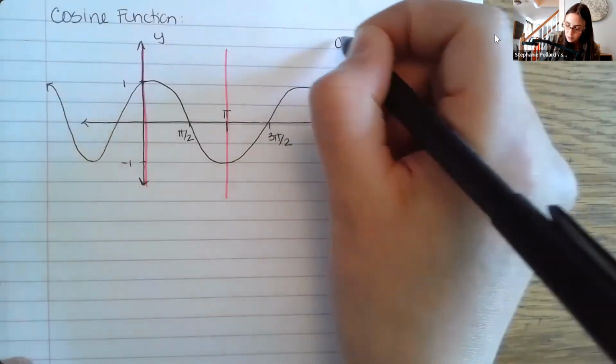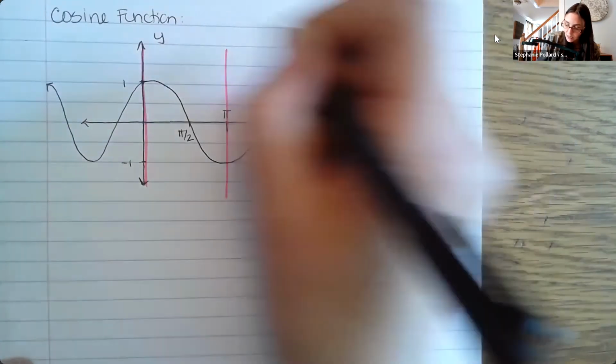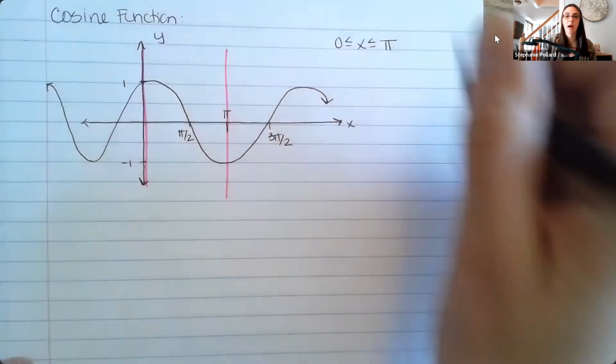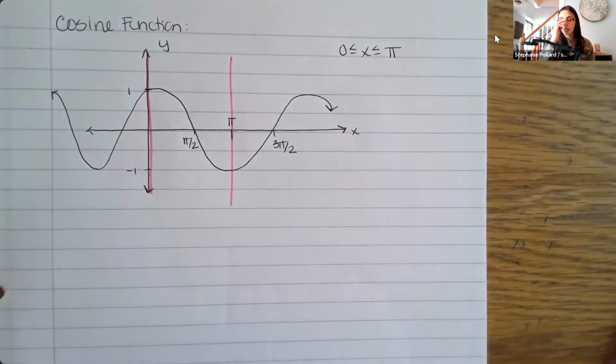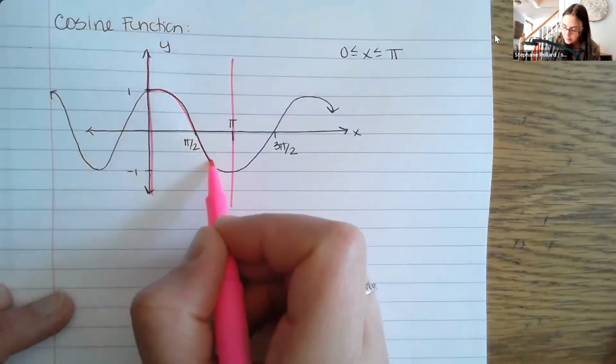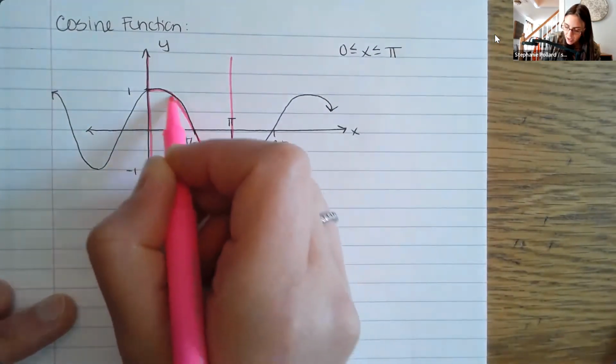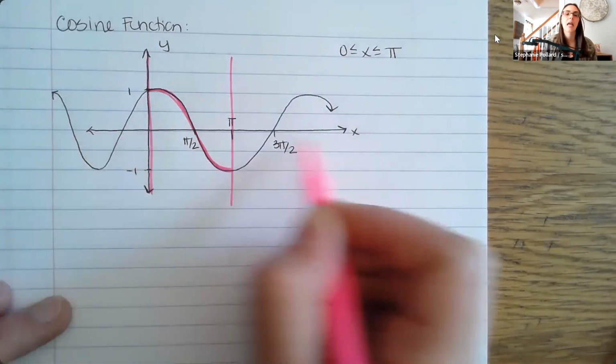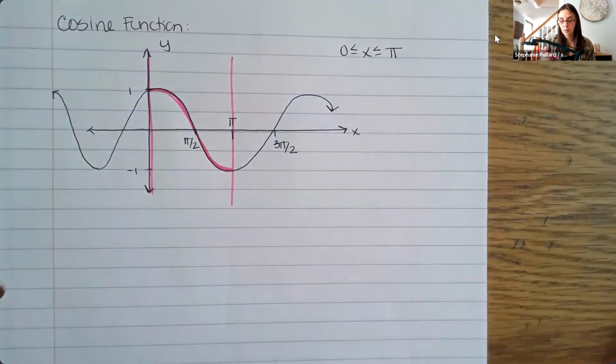So you're looking only at your x values between 0 and pi, a little bit different than the restriction we did for sine. And on this area, you're just focusing on this piece here. This piece would pass the horizontal line test. So again, we're restricting our domain.